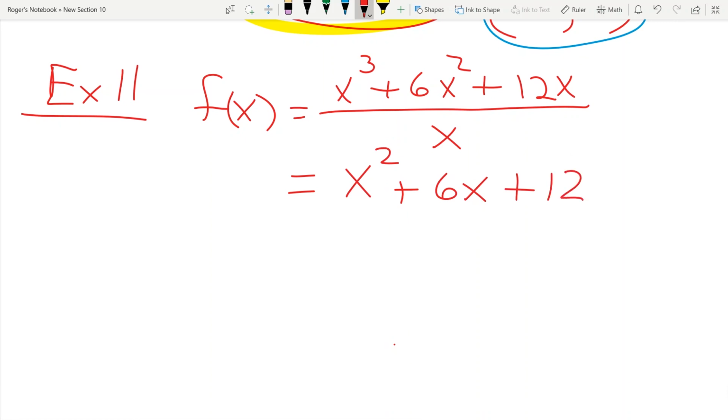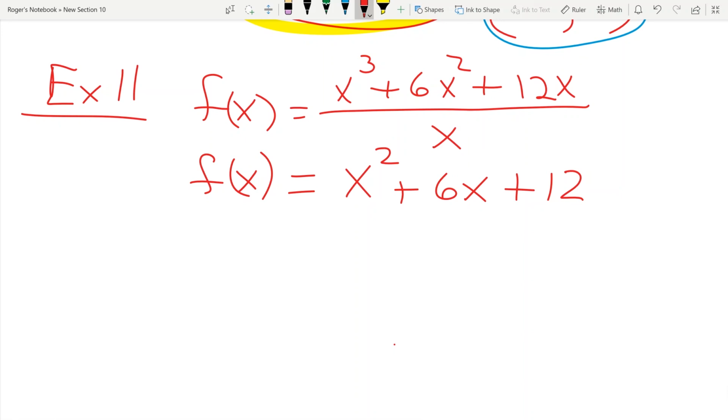Now, what type of equation is this? f of x equals x squared plus 6x plus 12. Is this not a quadratic equation? And is the graph not a parabola? Yes, it is a parabola, and yes, it's a quadratic equation.